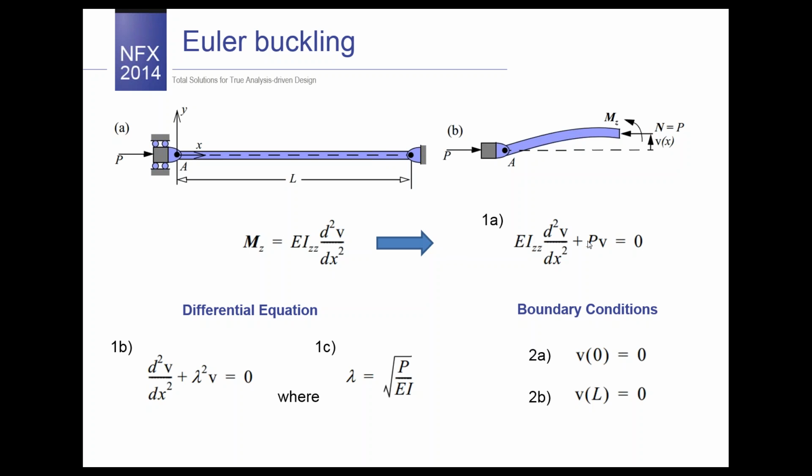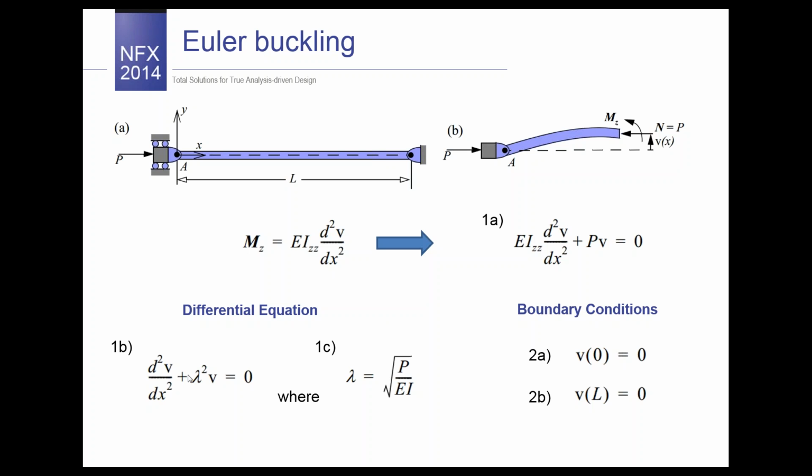So if buckling can occur about any axis and not just the zeta axis, as I initially assumed in this picture, then of course these subscripts like zeta zeta in the area moment of inertia should be dropped. So this simple boundary value problem can be written using equations 1a and 1b.